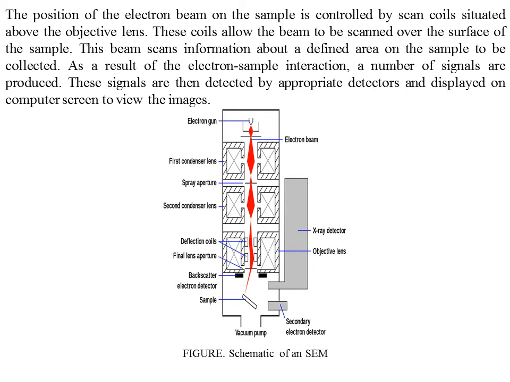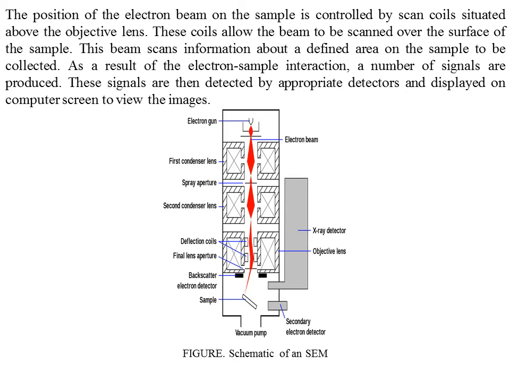So we can see here the schematic of an SEM. The position of the electron beam on the sample is controlled by these scanning coils, which are situated above the objective lens. These coils allow the beam to be scanned over the surface of the sample. This beam will scan the information about that particular area on the sample that is to be collected.